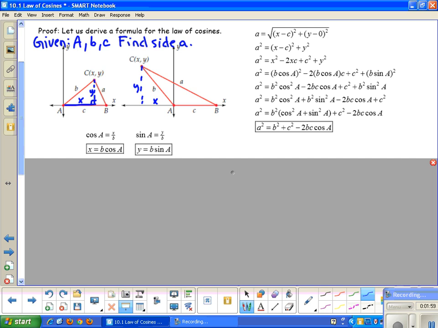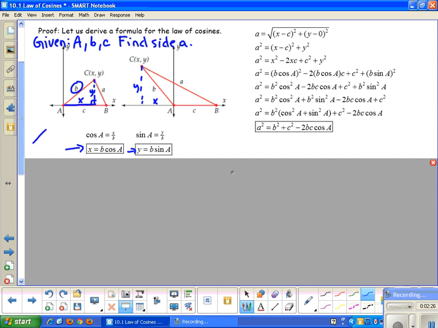So we have the cosine of A is equal to adjacent over hypotenuse, so that would be x over b. If we solve for x, we get x is equal to b times cosine A. And for sine of A, to find y, we do opposite over hypotenuse. So my opposite is y, and my hypotenuse is b, so sine of A equals y over b. Then we can solve for y and say y is equal to b sine A. So that's stuff we've done before.